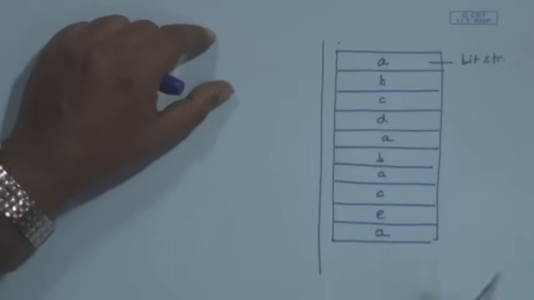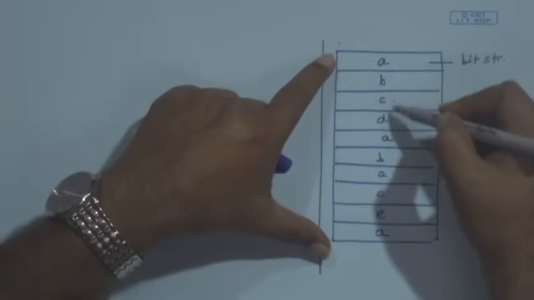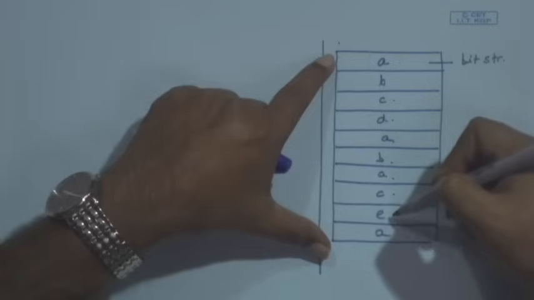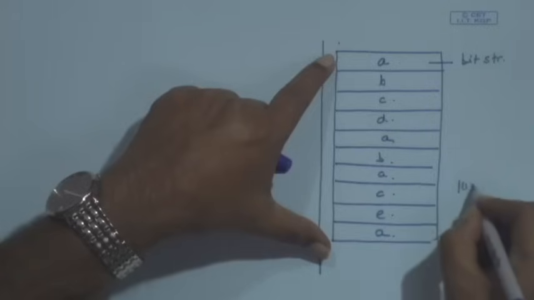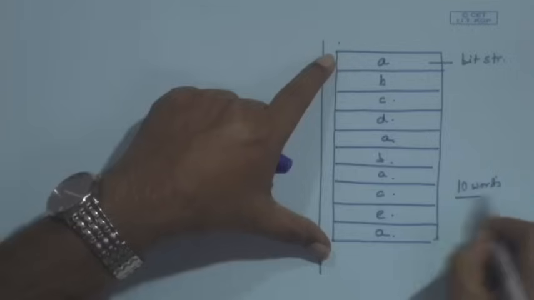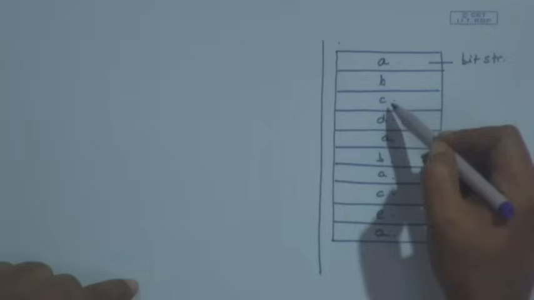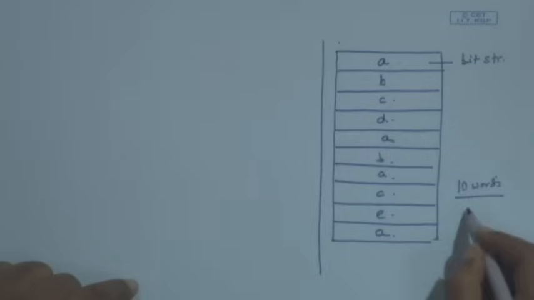Therefore, I can see that my code size is 1, 2, 3, 4, 5, 6, 7, 8, 9, 10 words, say, right. But actually I have got only A, B, C, D and E, 5 distinct words distributed all over, right.